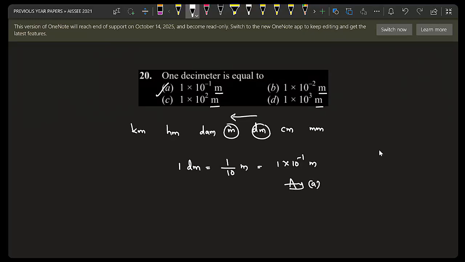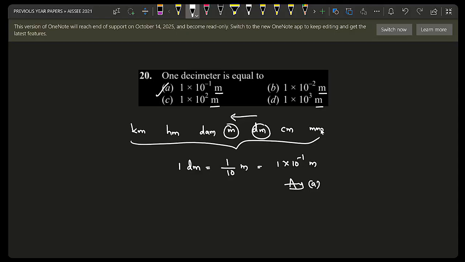Yes, sir, Aditi. How is that only minus 1? Sir, how did you get minus 1 only? Remember one thing, Aditi. In this table, when you are moving one step left, use 10 power minus 1. Suppose you are moving one step right, you should use 10 power plus 1.